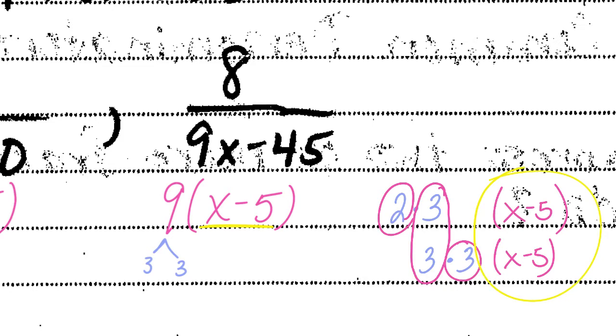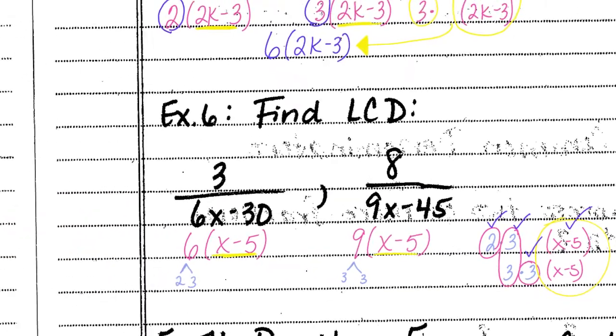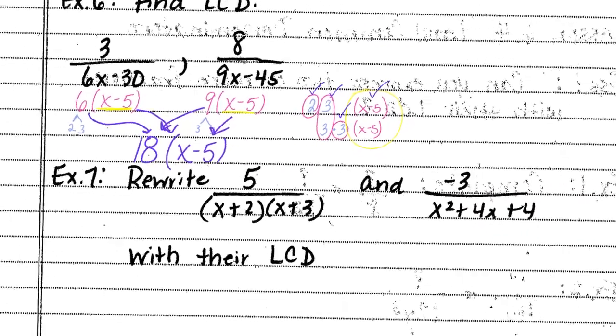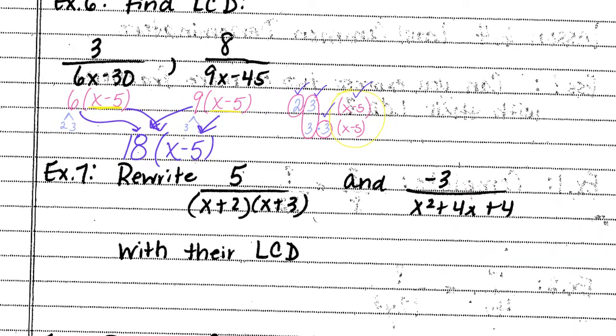So it looks like I'm going to do 2 times 3 times 3 times x minus 5, which becomes what? 2 times 3 is 6, times 3 is 18, times x minus 5. So it looks like my answer for the LCD is 18 times x minus 5, which makes sense because 6 goes into 18, 9 goes into 18, and x minus 5 goes into the x minus 5s. Great job.